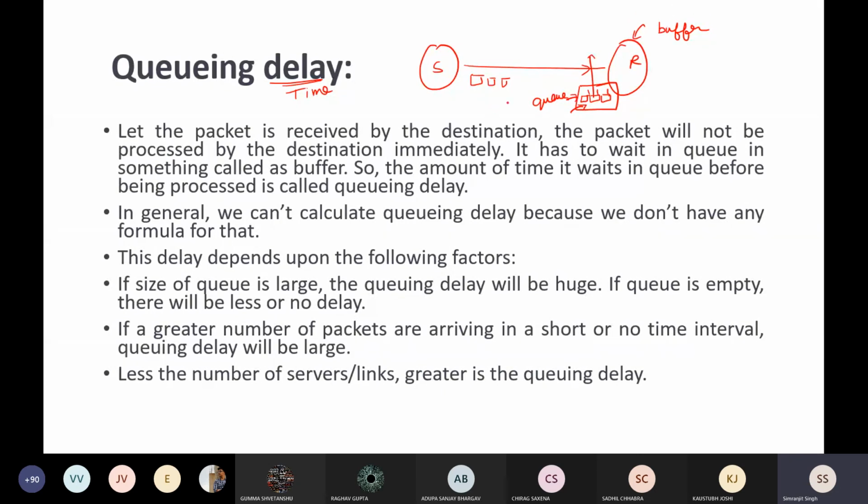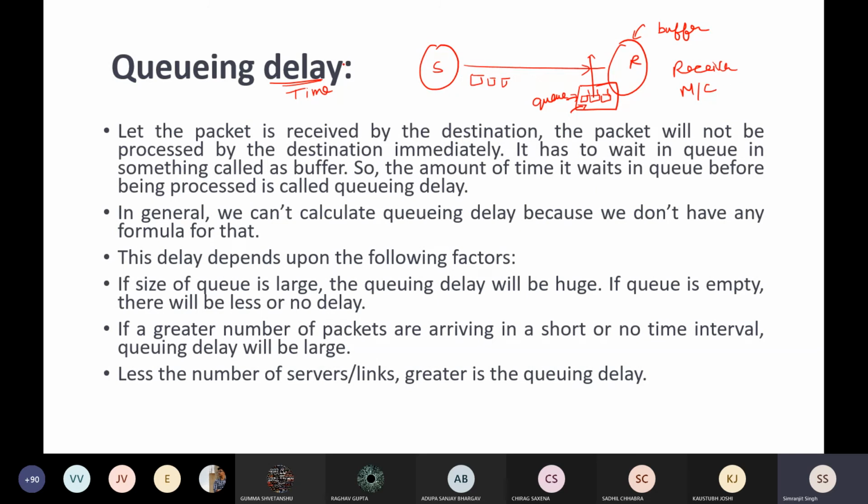Now this particular queuing delay depends upon the receiver machine, how much time a particular packet will take to sort the queue. It will depend upon the processing power and other factors of the receiver's machine. So that is why there is no exact formula to calculate the queuing delay.